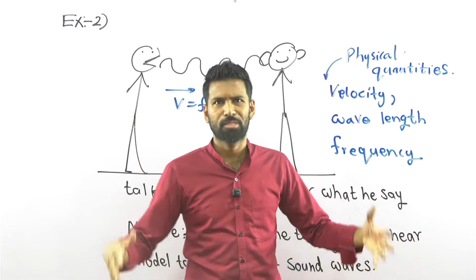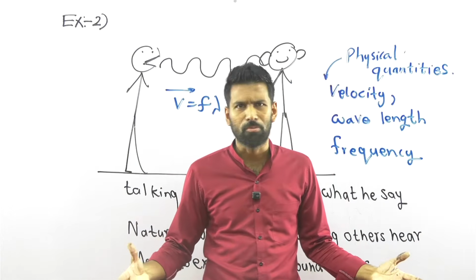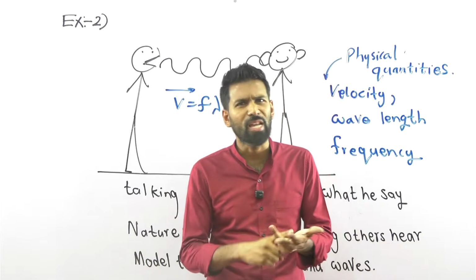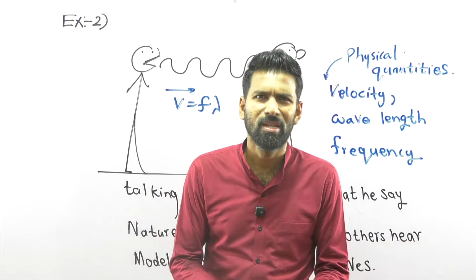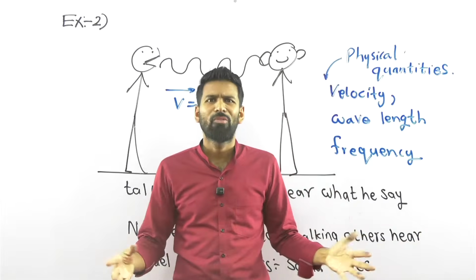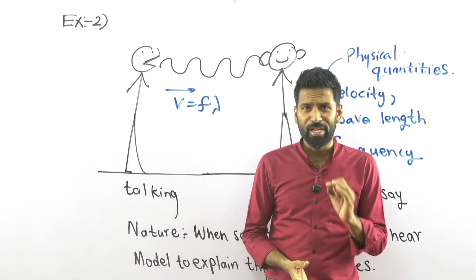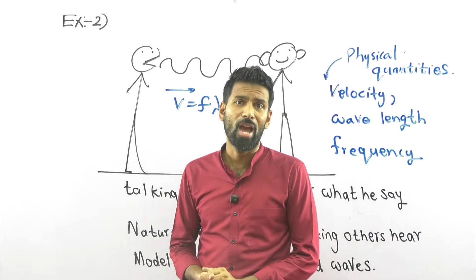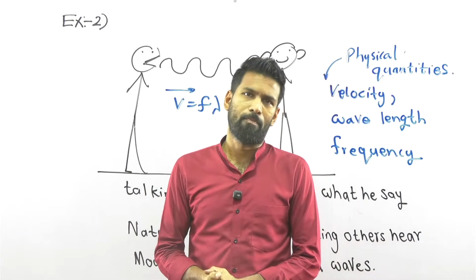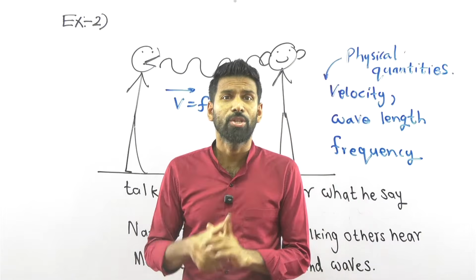Velocity, mass, time, acceleration, they are physical quantities. But these feelings, sorrowfulness, happiness, colors, red color, blue color, they are not physical quantities. Do you know why? If it is a physical quantity, in physics, we should have a unit to measure it.